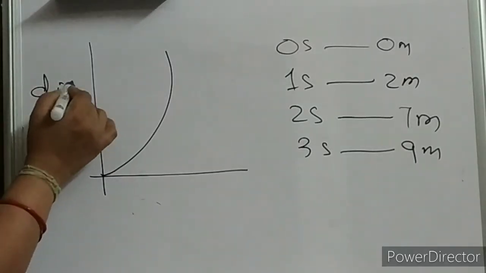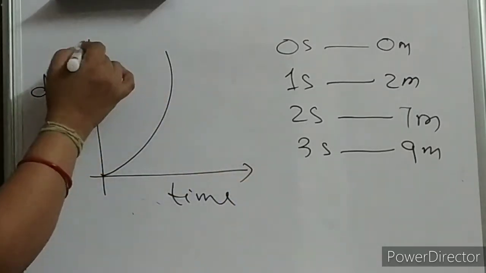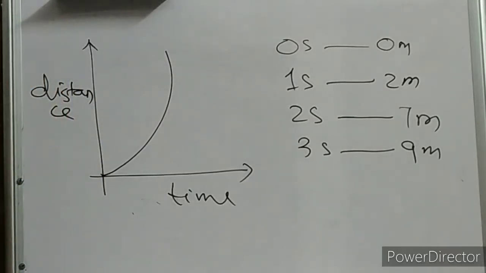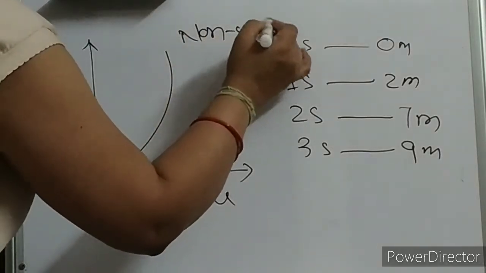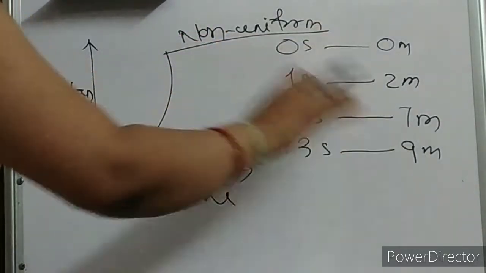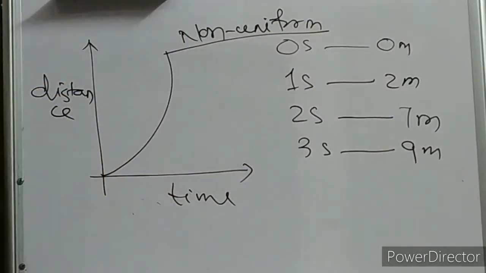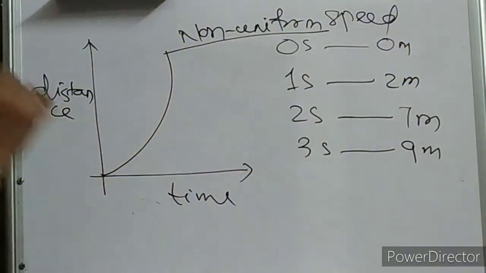So this is your distance or displacement and this is your time. Okay. So for non-uniform speed, are you getting it, children? Whether it is equal distances in unequal intervals of time or unequal distances in equal intervals of time, it doesn't matter. You are going to get non-uniform speed, and non-uniform speed means your graph is a curved line.